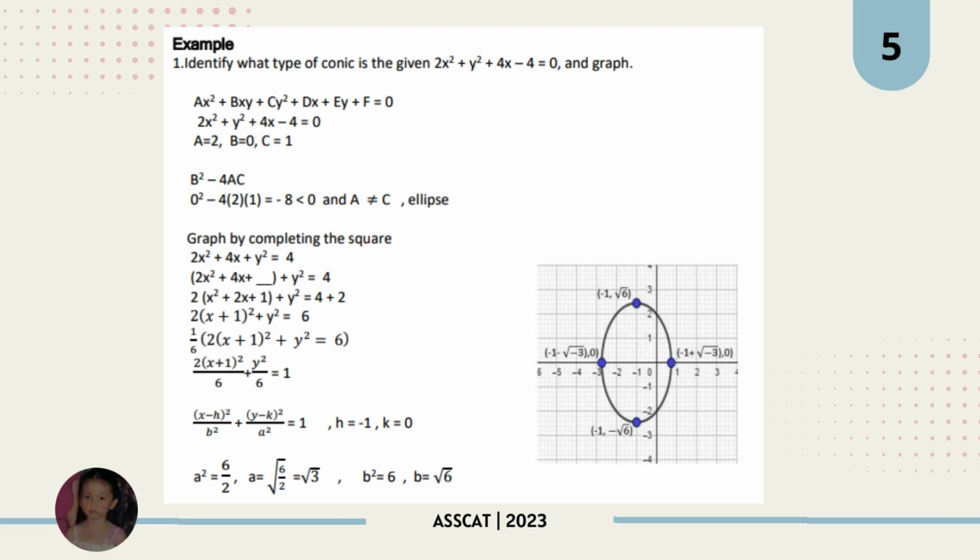Then substitute it in b squared minus 4ac to determine what type of conic it is. So 0 squared minus 4 times 2 times 1 is equal to negative 8. And it is less than 0 and a is not equal to c, so it is an ellipse.